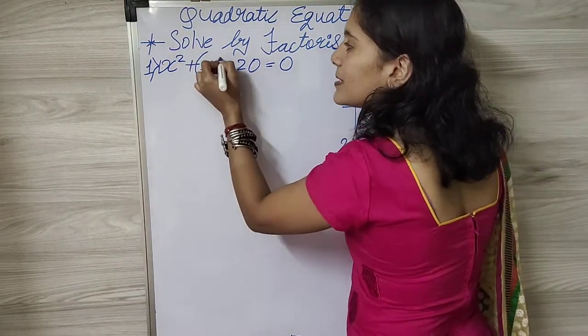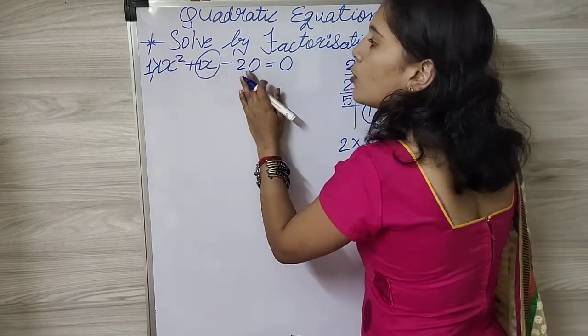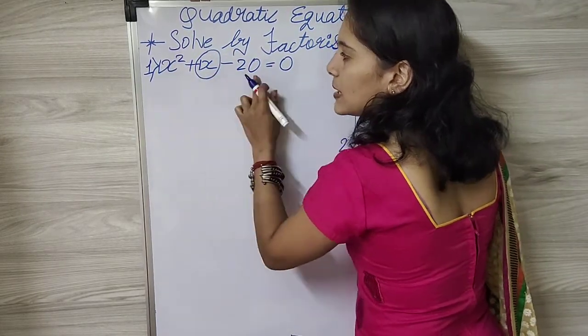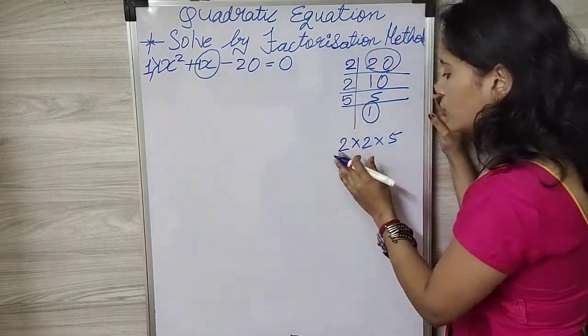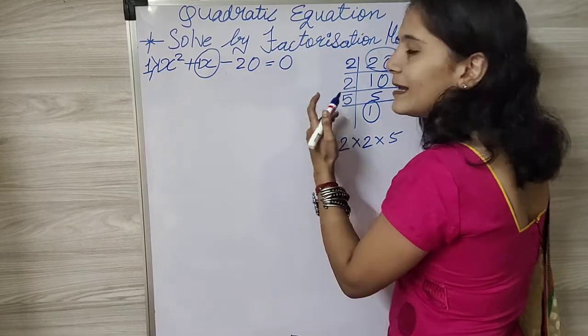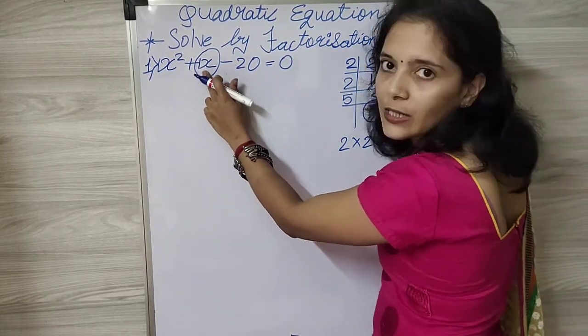The middle number is only x, which means 1x. So I am going to multiply both these numbers. After multiplying, whatever factors come, after adding or subtracting them, I want the middle term.